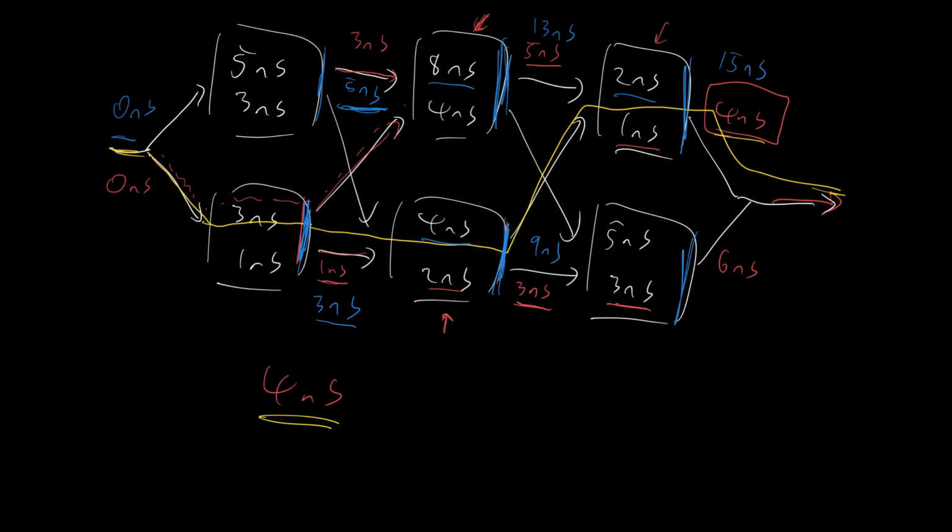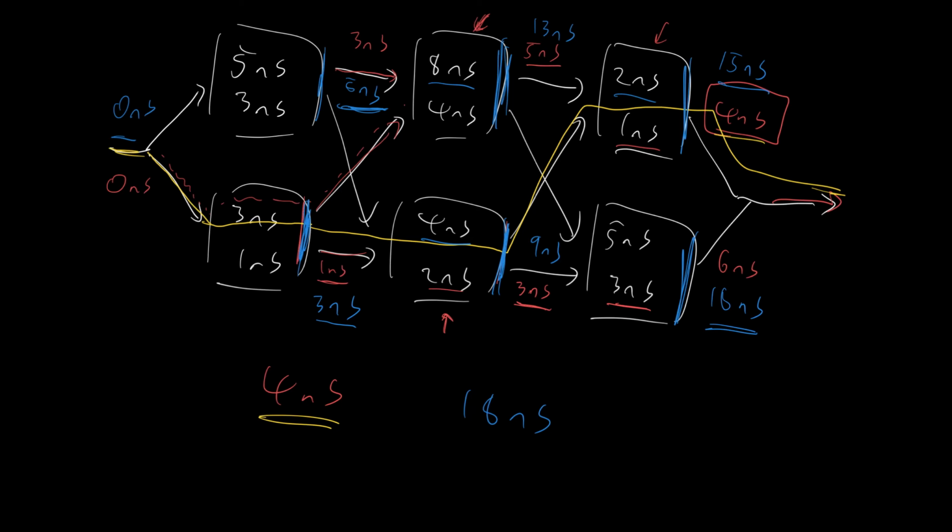The last person to arrive at this logic gate is at t equals 13 nanoseconds. They need another 5 nanoseconds to exit. That brings us to 18 nanoseconds. 15, 18, the last person leaves at 18 nanoseconds, making the propagation delay 18 nanoseconds.